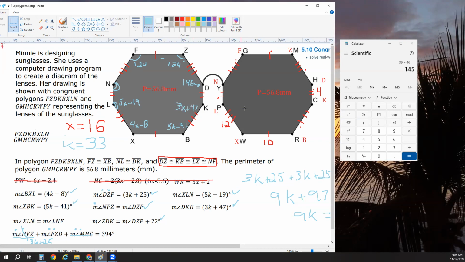It's 47, so it's 146. Yep, just as I presumed.